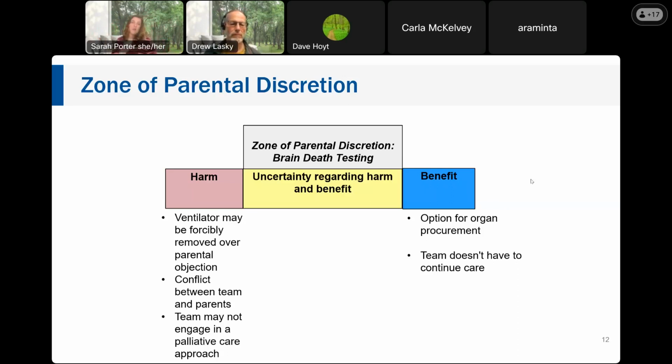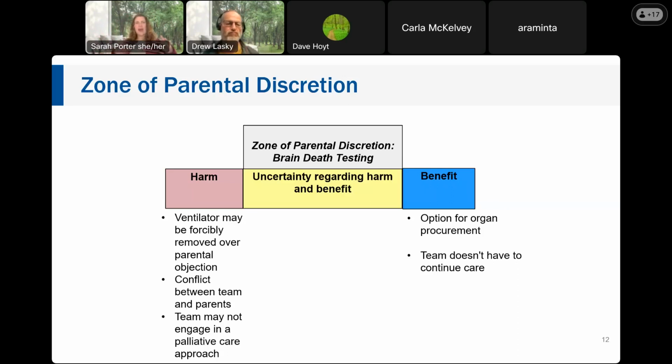So we've talked a lot about uncertainty, and the application of this conversation to testing for death by neurologic criteria is an interesting application. Drew and I talked a lot about this when we were building this talk, because there are lots of situations where the zone of parental discretion is a little bit more clear.